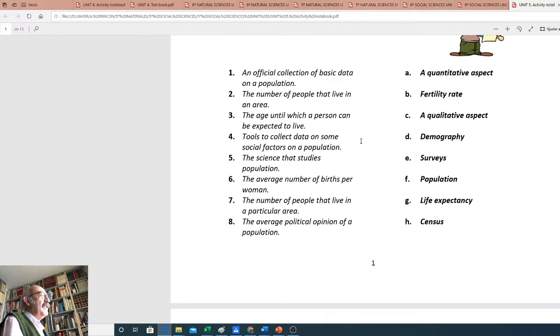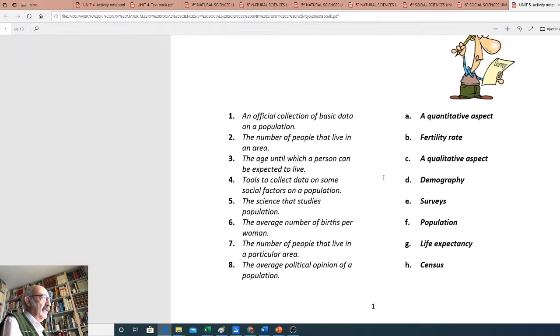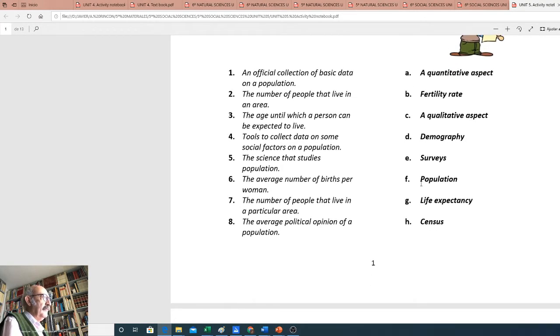What about the number of people that live in an area? Which is the definition? Quantitative, fertility rate. So number 2. The number of people that live in an area is? Yes, this is population. Number 3.